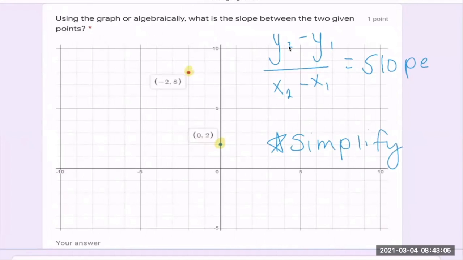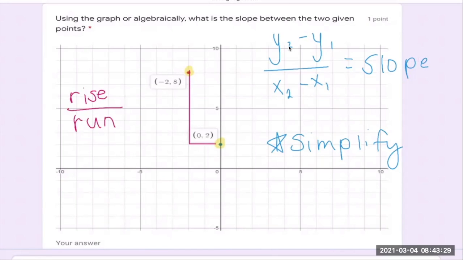So if you don't simplify this and you leave it as a fraction, you will not get it correct. The other way about going about this question is finding your rise over your run.